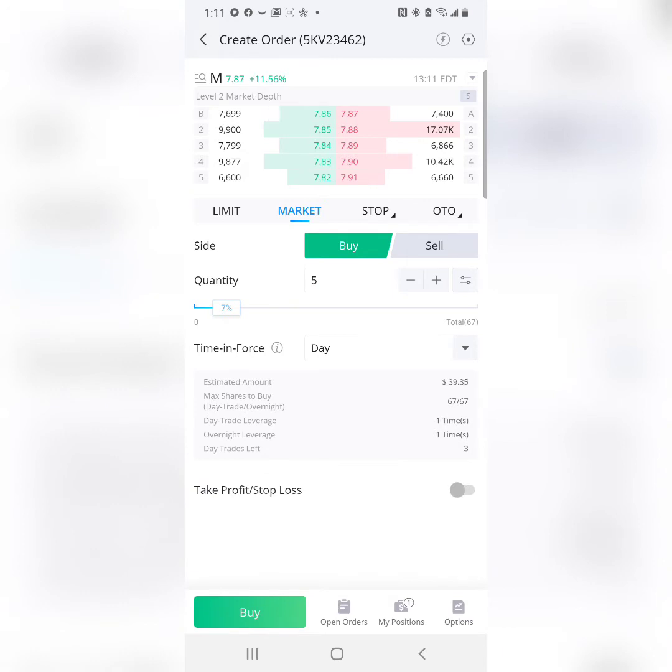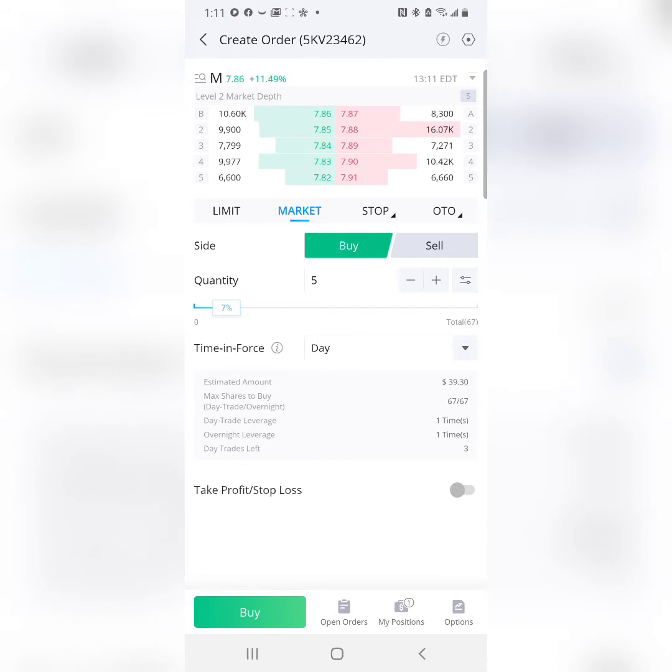And you can see that down here, it tells me, okay, that's the price. $39.35 is the price of the amount I want to buy. That's what I'm going to be paying. 67 is the maximum amount of shares with the amount of funds that I have in my account. That's the maximum amount of shares that I can buy.